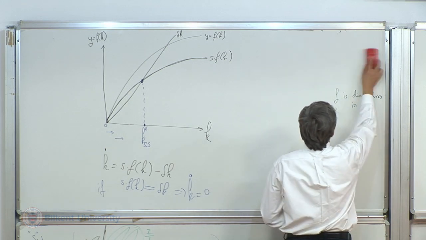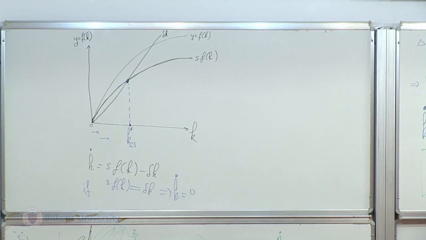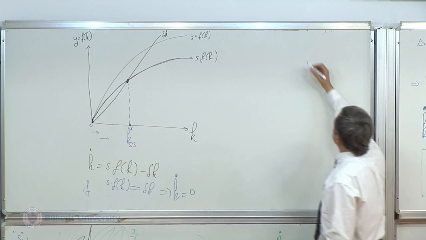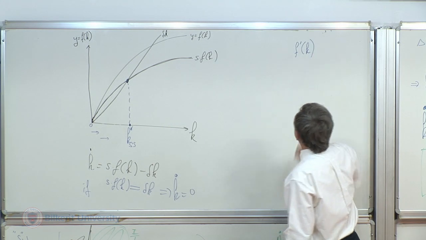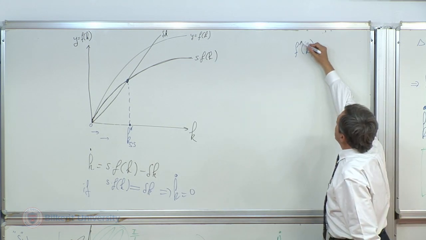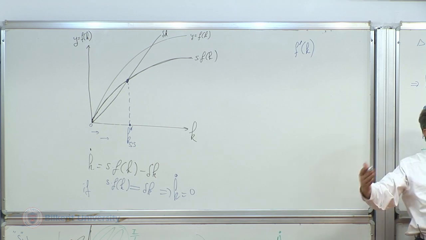Let me erase this. I want to use this part. How do people behave in this economy? Well, each factor is paid its marginal product. Capital owners, their contribution is f prime, that is the first derivative of the production function, which in economics we call marginal product of capital per labor.